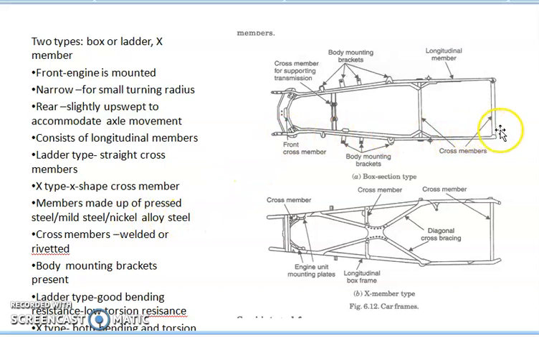The longitudinal members as well as the cross members are both made of mild pressed steel. You can see here that the front portion is slightly narrow when compared to the rear portion. This is done to create a smaller turning radius while turning curves. And at the rear, generally a slight upsweep is given. This is for permitting movement of the wheels along the axle casing.